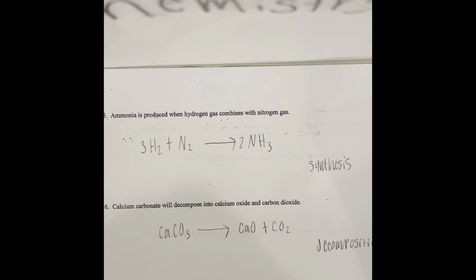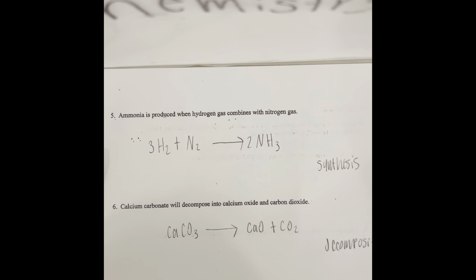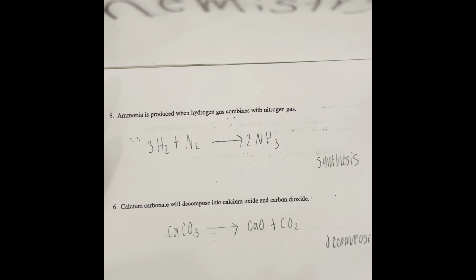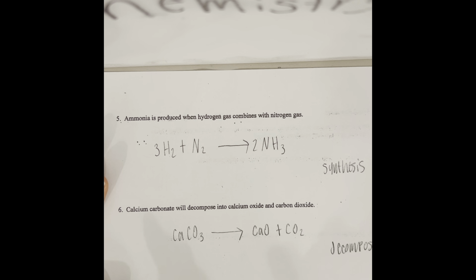And that's already balanced, and that's decomposition. So with these word equations, just look for some keywords, like decompose, obviously decomposition, produced, synthesis. Also, once you're writing out your equations, that should make sense too.